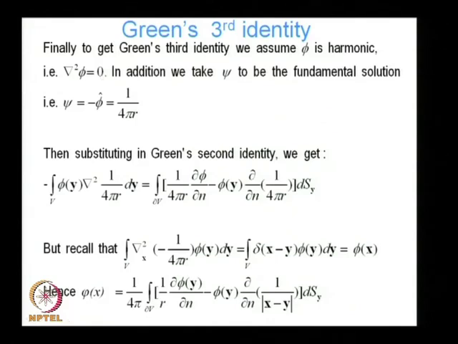If we assume that Laplacian of phi is equal to 0 and we assume that psi is my fundamental solution to Laplace's equation, that is psi is equal to phi hat, which is equal to minus 1 by 4 pi r, and then I substitute these conditions in Green's second identity, what do I get?